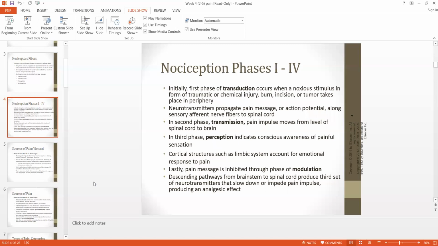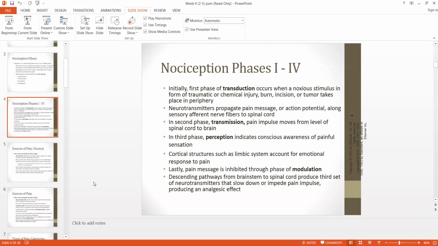A neurotransmitter is a chemical that's in our body, like acetylcholine, GABA, endorphins, all these different neurotransmitters are going to help move this pain along as it goes. So some of our way that we can inhibit pain is to attack the neurotransmitter part of this. But we need these chemicals to move the pain sensation along.